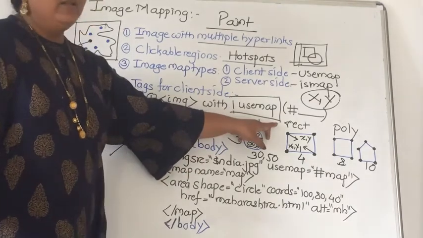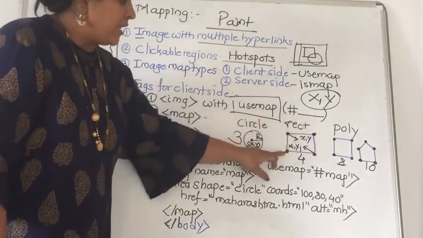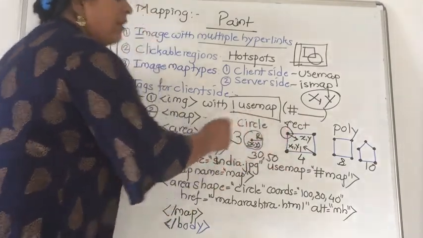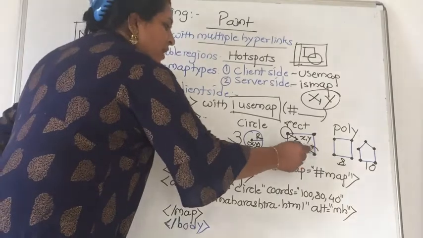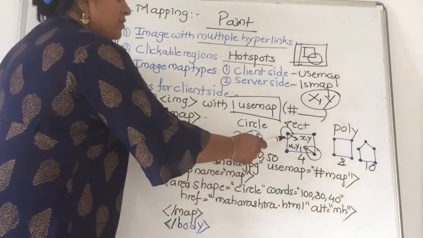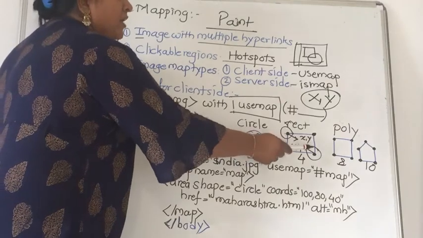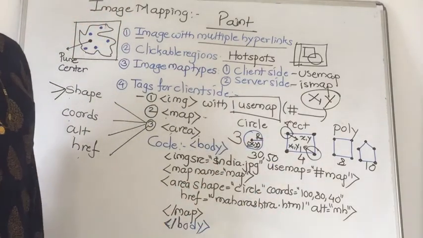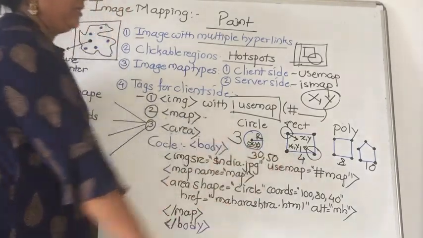For a rectangle, four coordinates are there: first we take the upper left and second the lower right. That is, two coordinates x and y for the upper left and two coordinates x1, y1 for the lower right. That means a total of four coordinates.